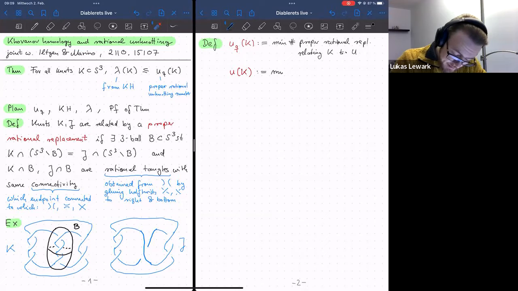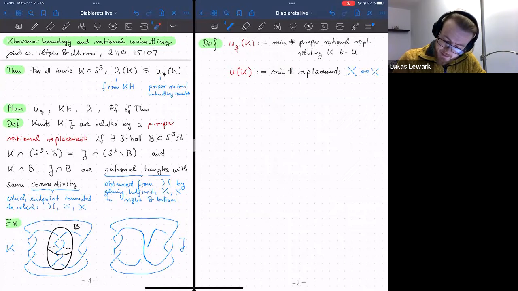But here it's the replacements where you just allow replacing this by this, a half twist by its mirror image.